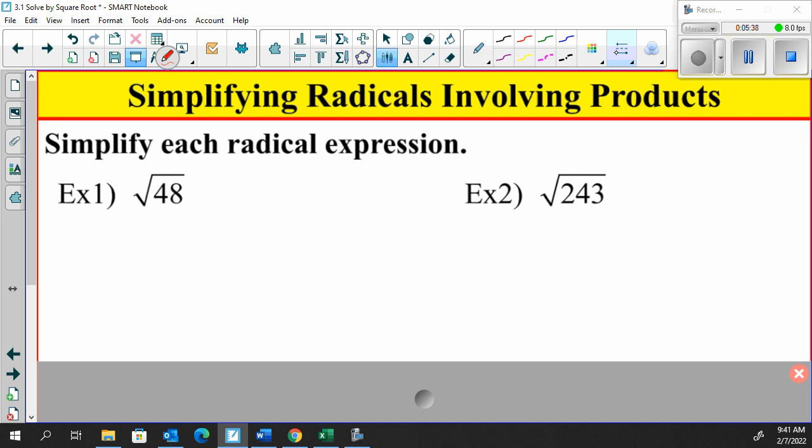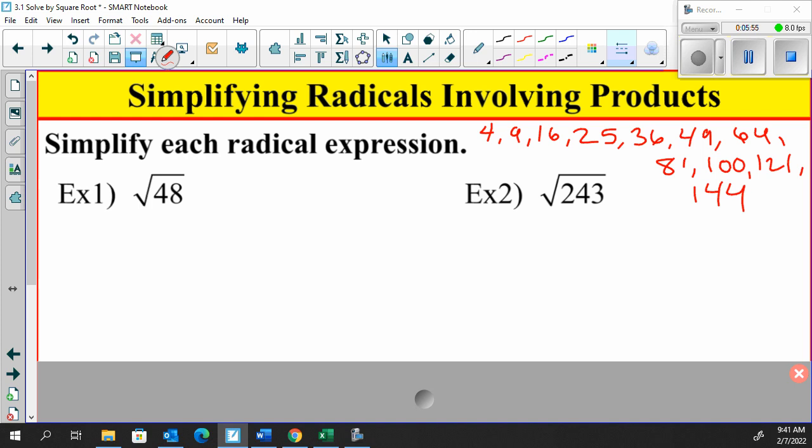We got 4, 9, 16, 25, 36, 49, 64, 81, 100, 121, 144. Those are all the perfect square numbers, right? So here's how I'm going to do this. Since it's a square root, I'm asking myself, is there a perfect square number that goes into 48?